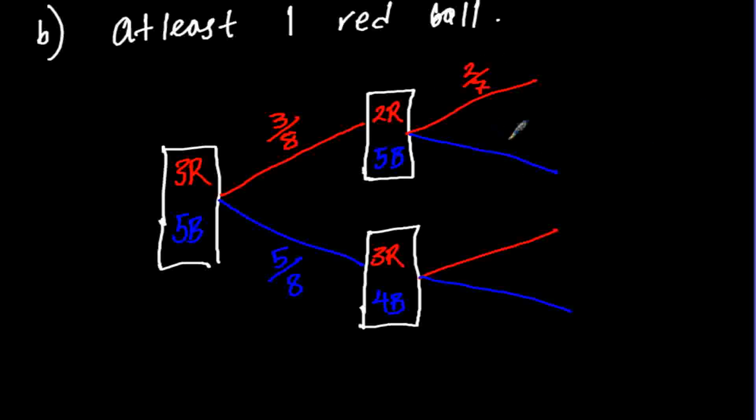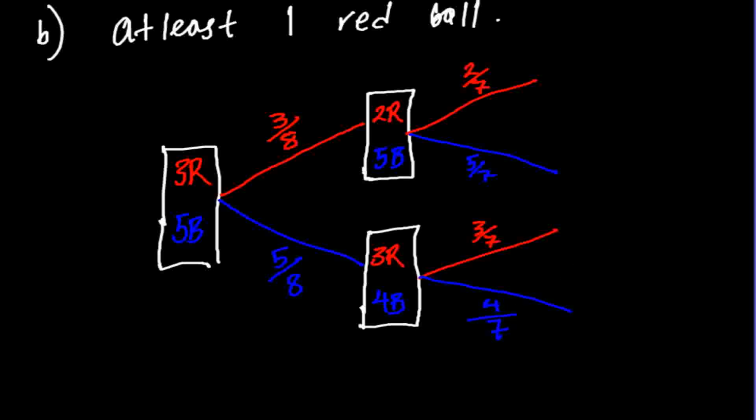And if we pick a blue, the probability is 5 out of 7. We're picking from this bag. Then for this lower one, if we pick a red, it will be 3 out of 7. And if we pick a blue, it is 4 out of 7.